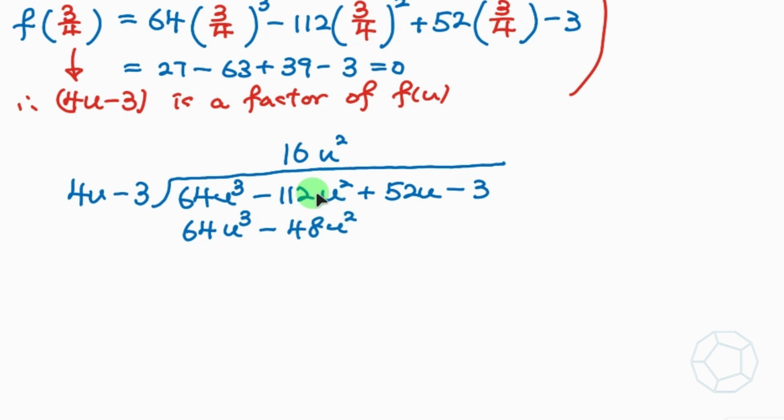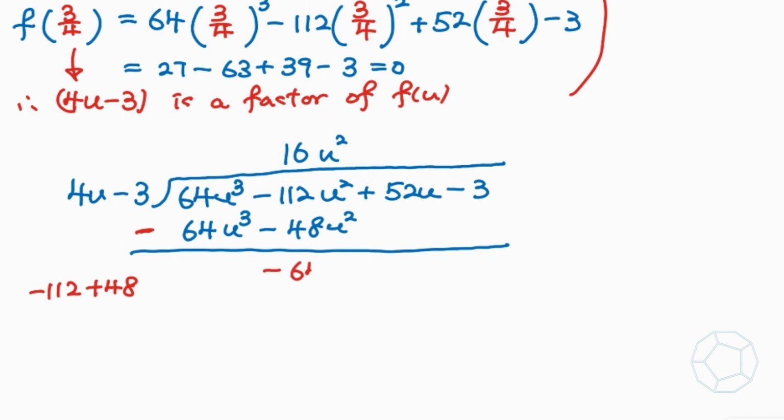Next, we'll have to subtract these two expressions. This part is a little bit different from that for numbers. For the first term, obviously they cancel out, while for the second one, let's write down the extra negative sign here. Then it's actually negative 112 minus negative 48. So it's actually negative 112 plus 48, which is negative 64u squared.